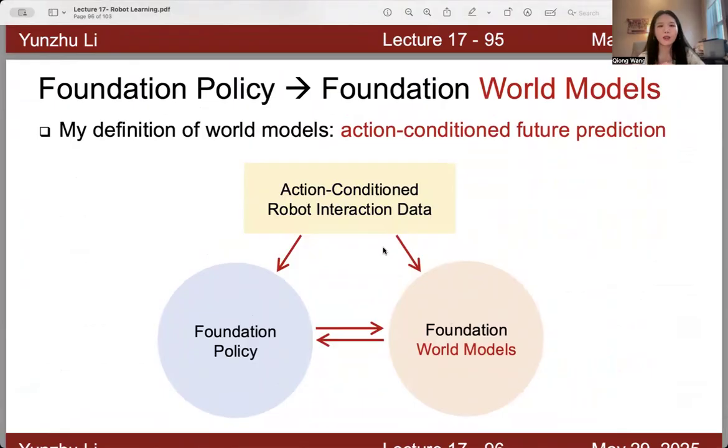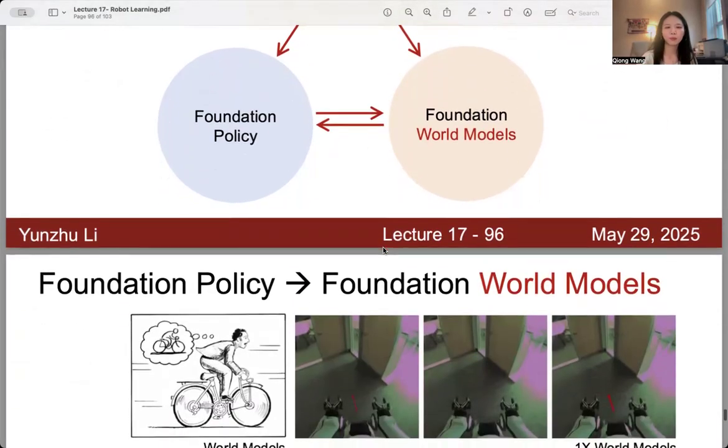So my definition of the world model is action-conditioned future prediction. Action-conditioned robot interaction data gives feedback to the foundation policy and foundation world models, and the feedback is included between the foundation policy and the foundation world models.